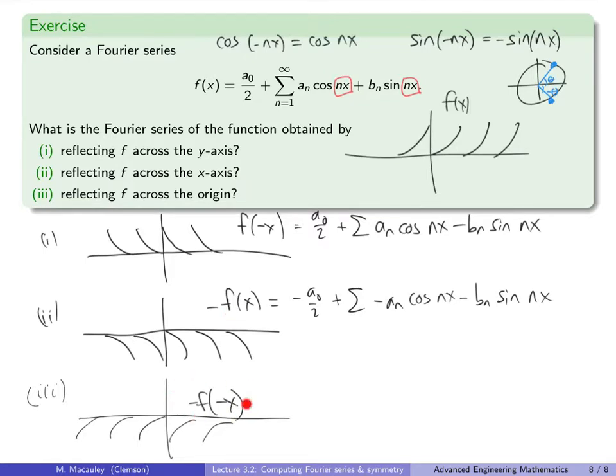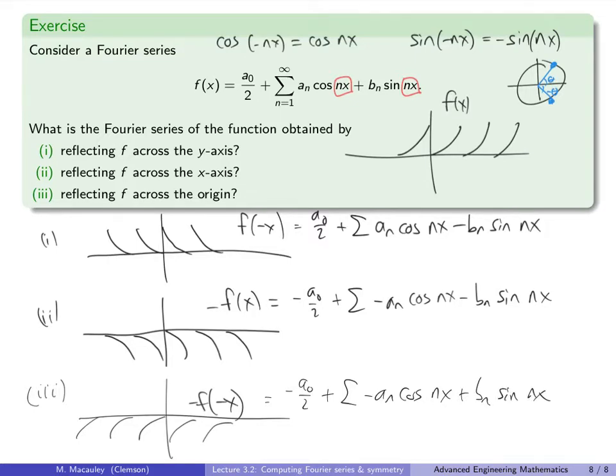And finally this one, well, you're taking the negative of this first guy. So this is equal to negative a naught over 2 plus negative an cosine of nx plus bn sine of nx.